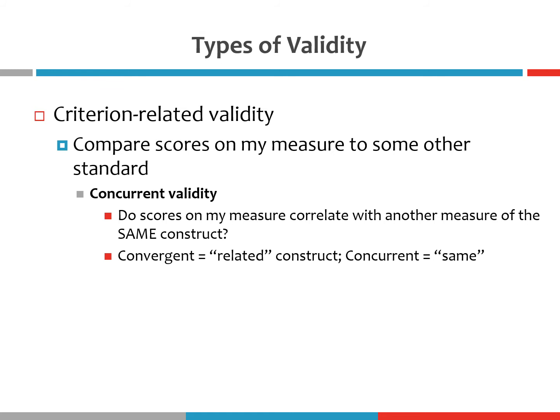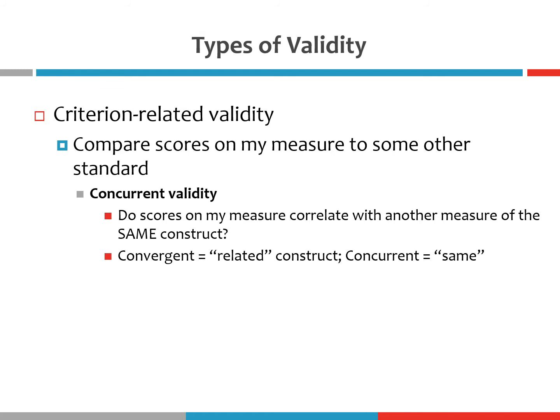Or if we're developing a new questionnaire measuring extroversion, then we would see if there was a correlation between our extroversion questionnaire and some established measure of extroversion, like the NEO-PI, for example, which is a personality test that looks at extroversion.